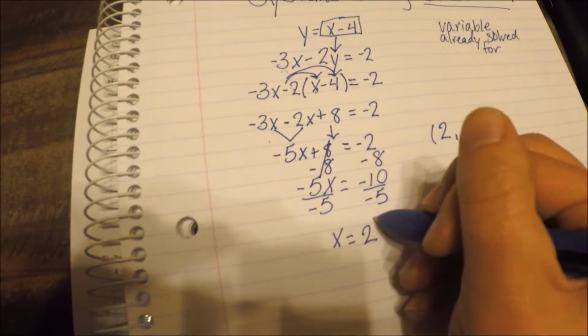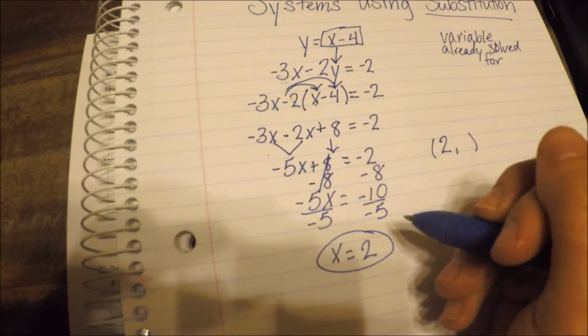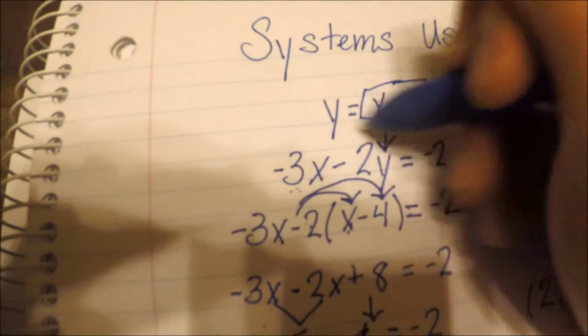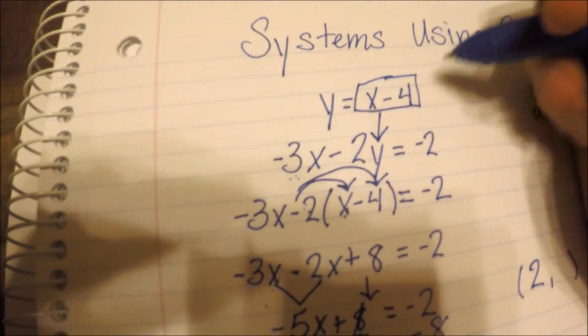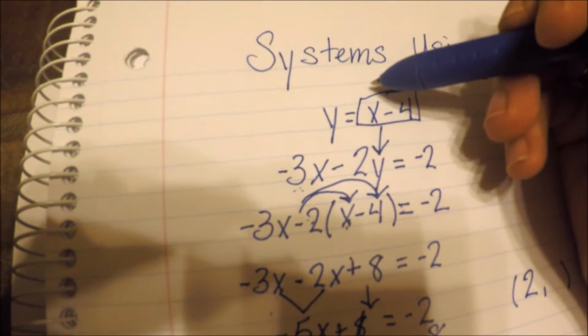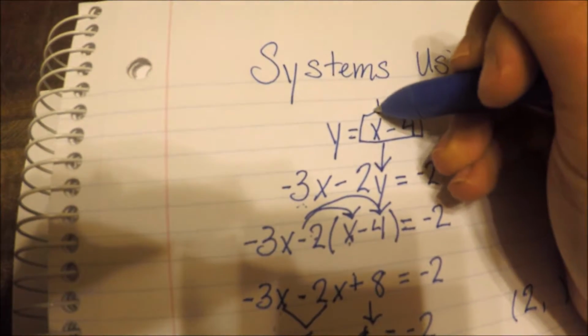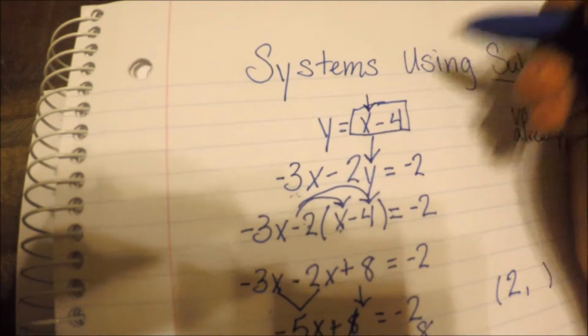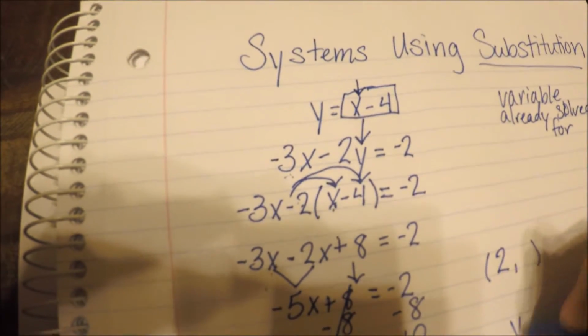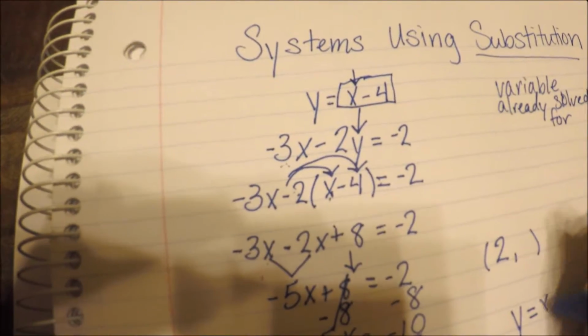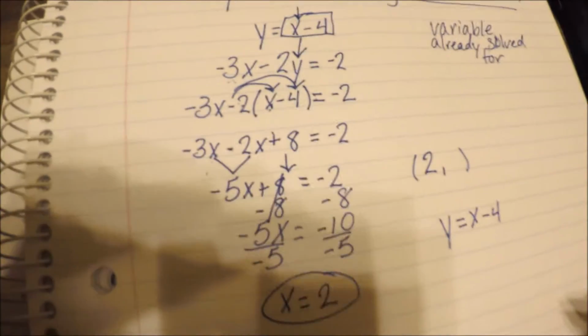Now I can take this x equals 2 and put it back into either of these equations. Since the first equation is already solved for y, I can easily put 2 back in for x and get y. So y equals x minus 4 was the original equation.